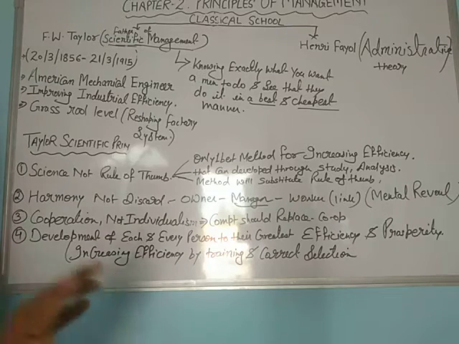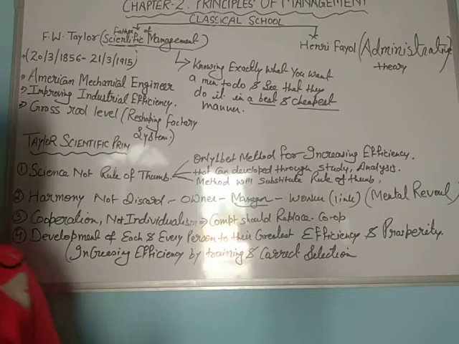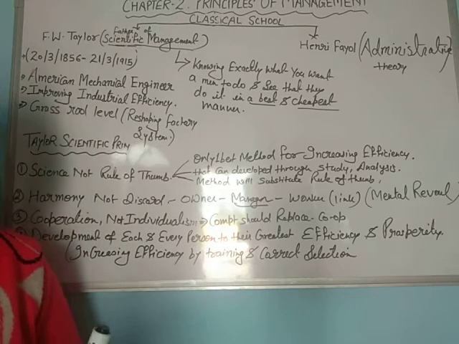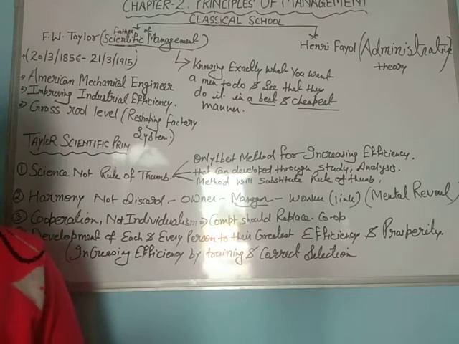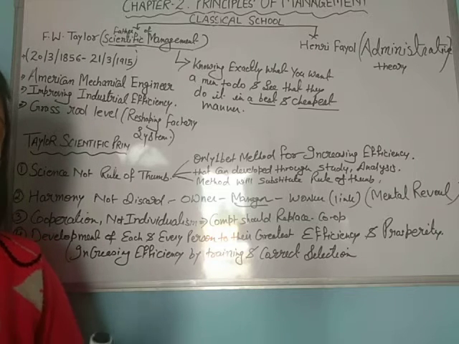Science rule of thumb, I can explain to you with one example, that in every organization there are managers, right, who are managing the work of the organizations. Now there might be that the same kind of problem is occurring with different organizations, but because we have different managers working in different organizations, so what will happen?